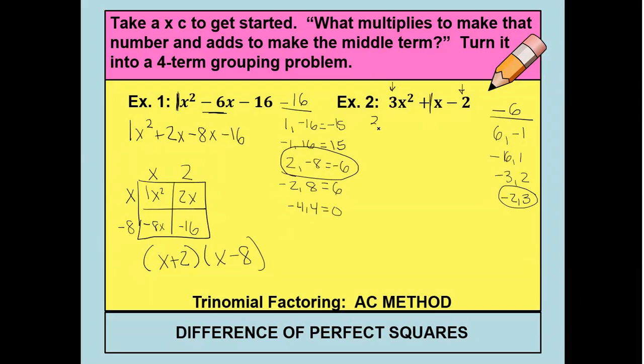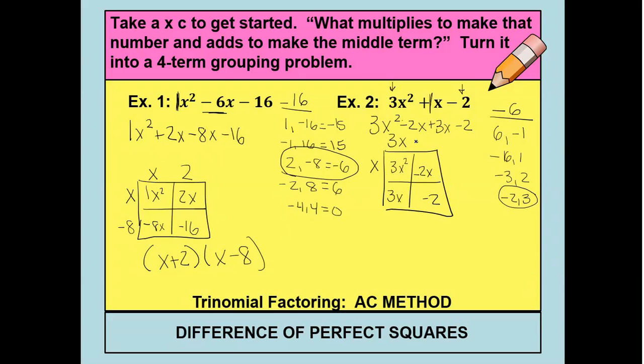So let's rewrite this. I get 3x squared minus 2x plus 3x minus 2. Box that. Oof, that box went a little wonky, but that's okay. 2x, 3x, negative 2. Common factor here, you get 3x. Looks like just an x these guys share.